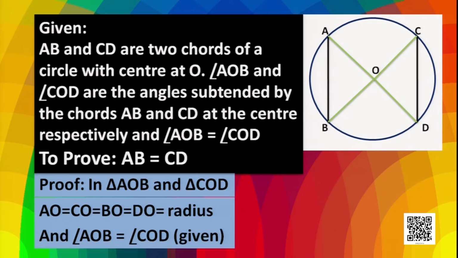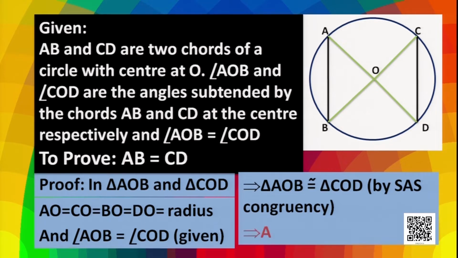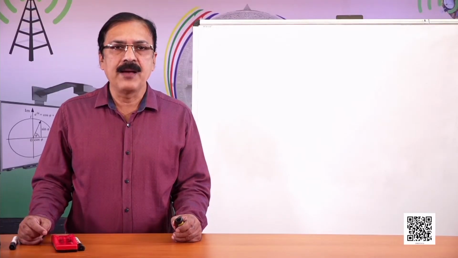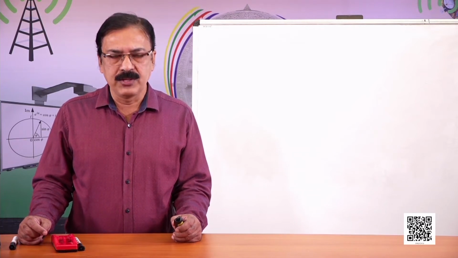So what next? Triangle AOB and triangle COD are congruent, and here the congruency is by side angle side congruency. As the two triangles are congruent, their corresponding parts AB is equal to CD. So we proved these two theorems. Now let's have some applications of these theorems.